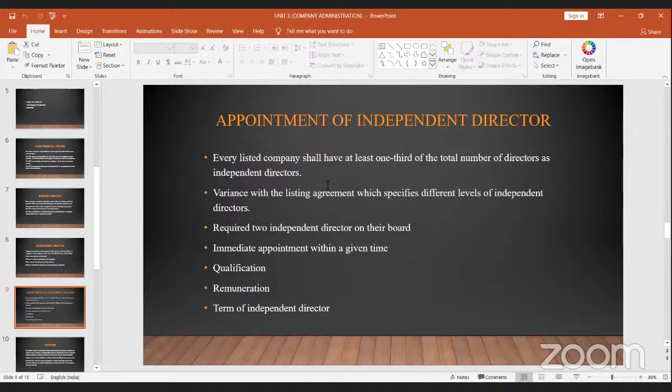But if the company is earning more, as I told you, with sales of more than 100 crores and paid up capital of more than 50 crores, then 2/3, mainly two independent directors, are required for the company. And also they have to make the immediate appointment within 30 days of commencement of the business. Okay, these are the main things while appointing the independent director.